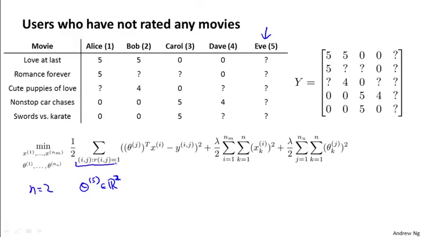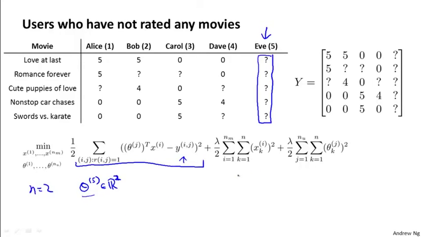So if we look at the first term in this optimization objective, the user Eve hasn't rated any movies, and so there are no movies for which r(i,j) is equal to 1 for the user Eve. So this first term plays no role at all in determining theta^(5) because there are no movies that Eve has rated.